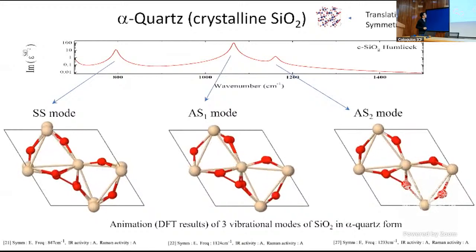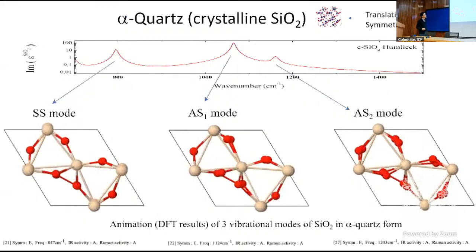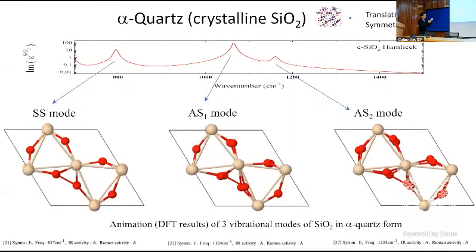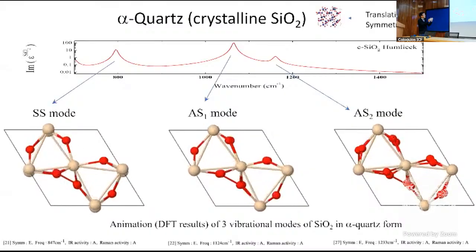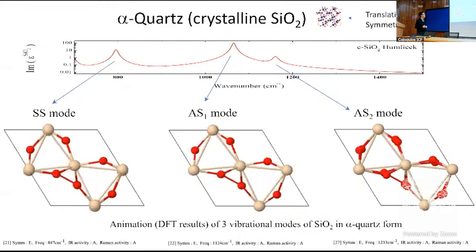The red ones are oxygen. And a small difference, for example, in this and this, the only difference is the phase between the vibrations. They are both asymmetric, but here you have this in the neighbor tetrahedron. They are in phase here and out of phase here. It's enough to get these different frequencies here.